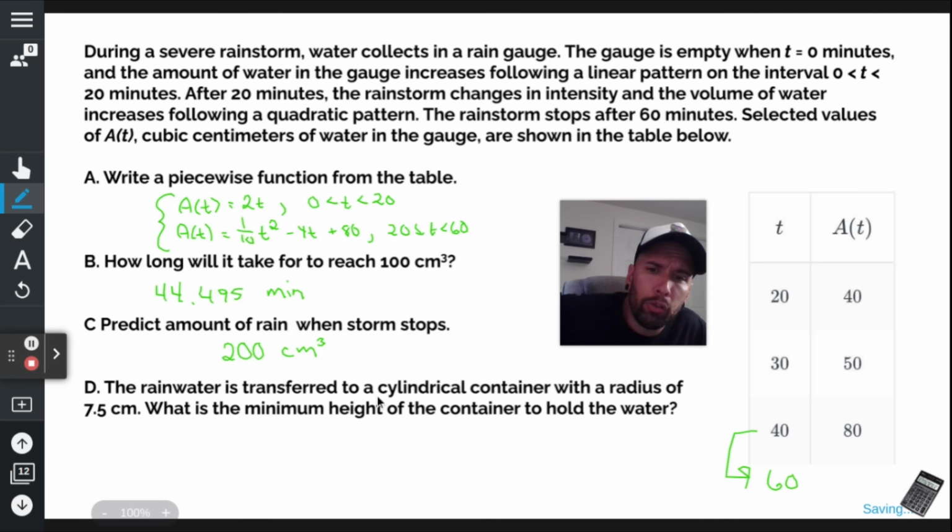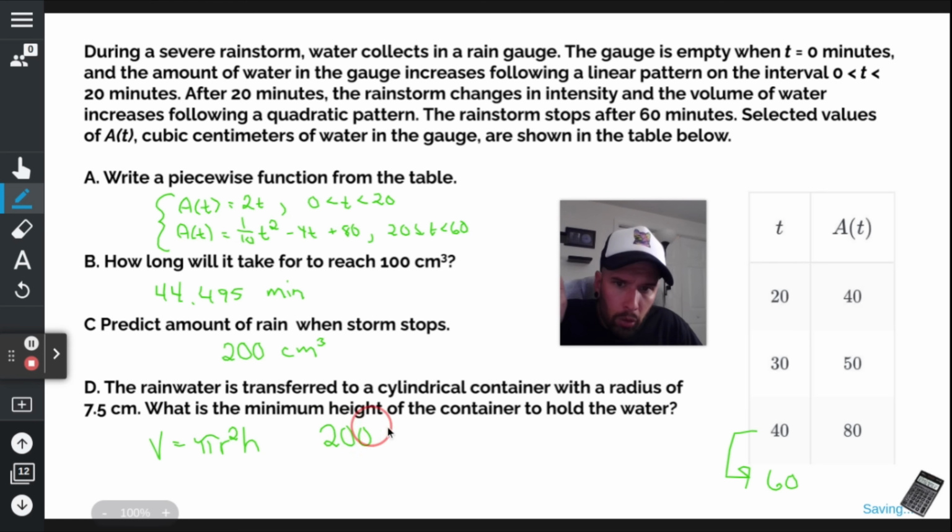The rainwater is, so 200 cubic centimeters is transferred to a cylindrical container with a radius of 7.5 centimeters. Cylinder. So the volume of a cylinder is pi r squared h. What do I know? I know the radius is 7.5, and I know the volume is already 200.